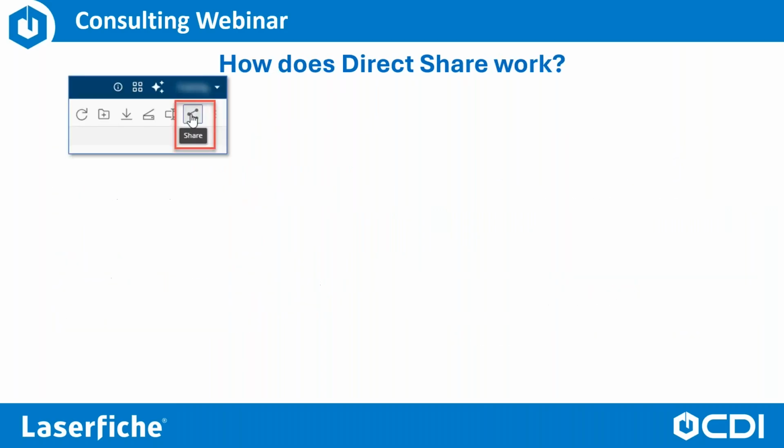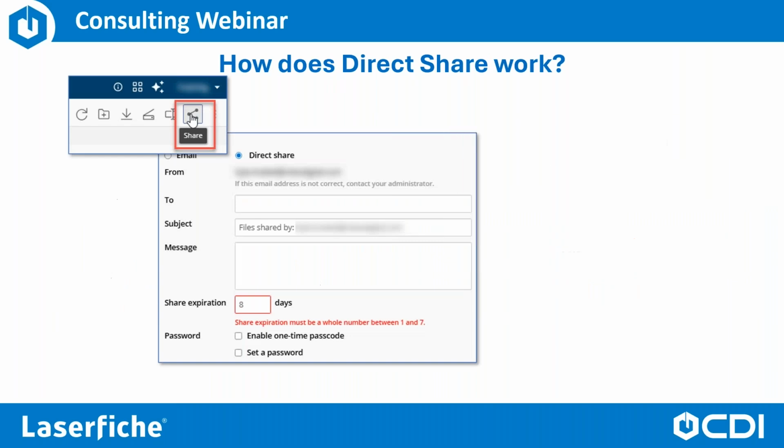And when that is implemented, when do we use it? Well, in the web client in the Laserfiche cloud, when you're in a repository and you have a document or documents selected, you can share them. And typically you could choose by email. However, there is the option that we see here called DirectShare.